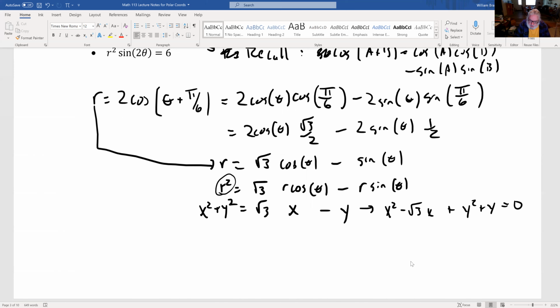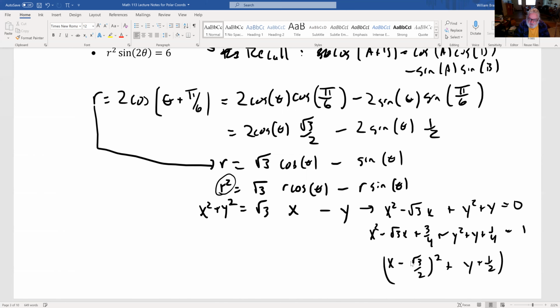To complete the square, we need to add to both sides square root of 3 over 2 quantity squared, which is 3 over 4, plus 1/2 squared, which is 1/4. 3/4 plus 1/4 is 1, and so we end up with x minus square root of 3 over 2 squared plus y plus 1/2 squared equals 1.